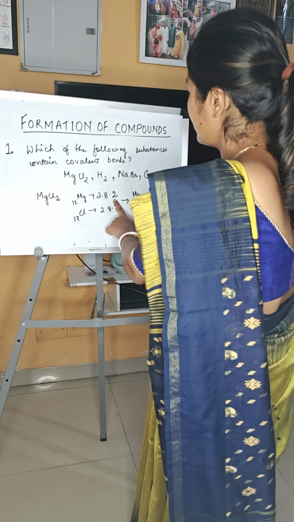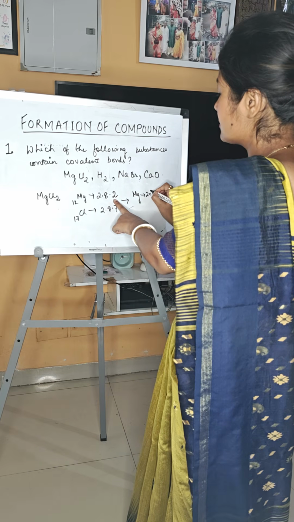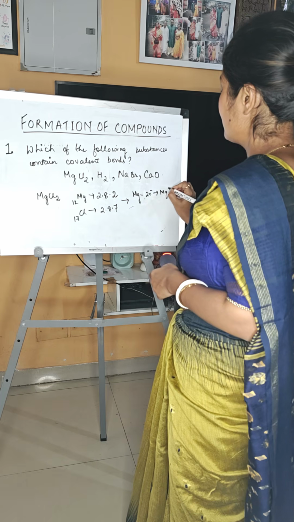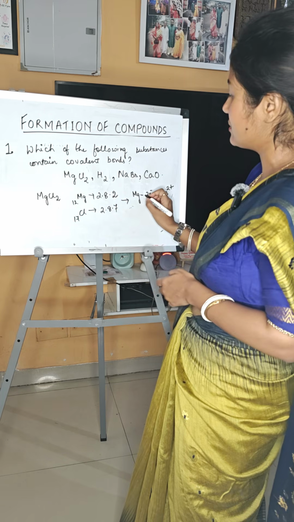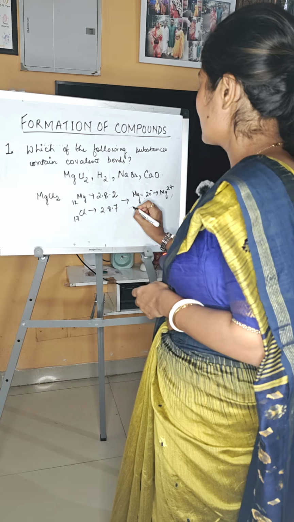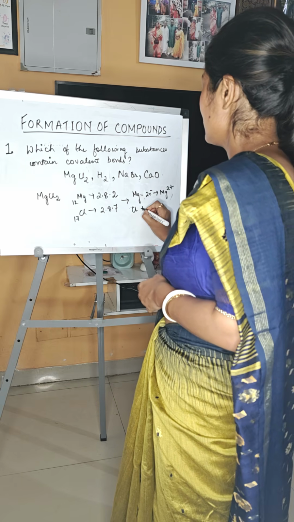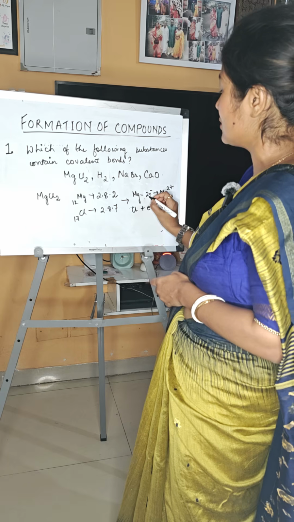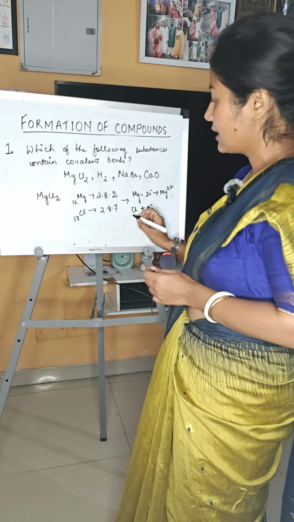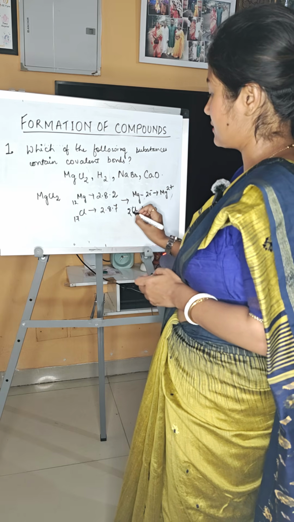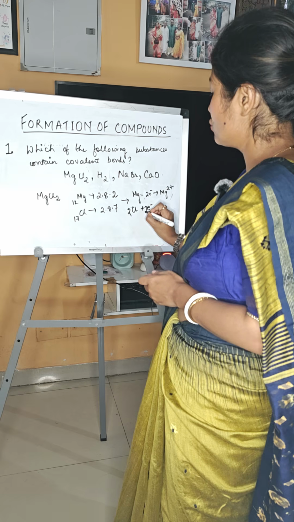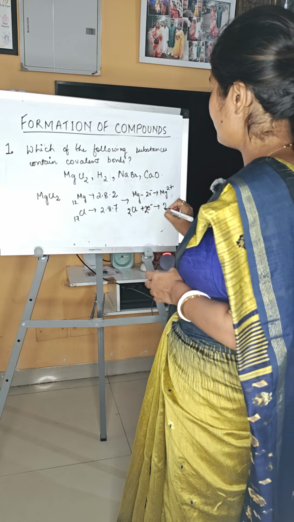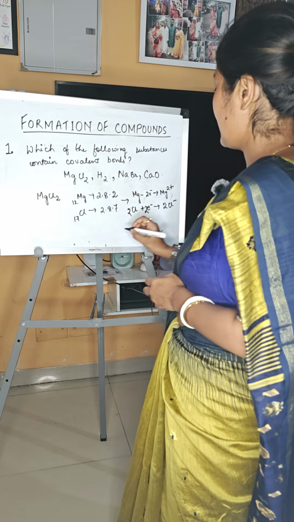Magnesium will donate these 2 electrons and it will form magnesium cation, Mg2+, because it is donating 2 electrons. And chlorine will have a tendency to accept 1 electron, but since here magnesium is donating 2 electrons, to balance this we will require 2 chlorine atoms here. 2 chlorine atoms will accept 2 electrons which have been donated by magnesium, and form 2 chloride anions.